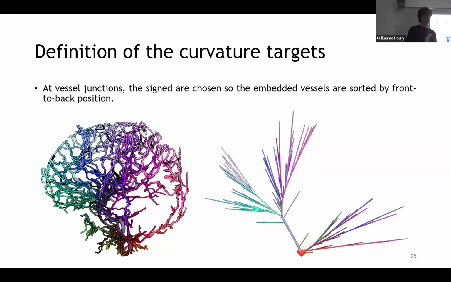So basically, we use this additional degree of freedom to ensure that the leftmost vessels on the 2D plane correspond to the front vessels in the brain, and that the rightmost ones correspond to the back of the brain in the original tree.